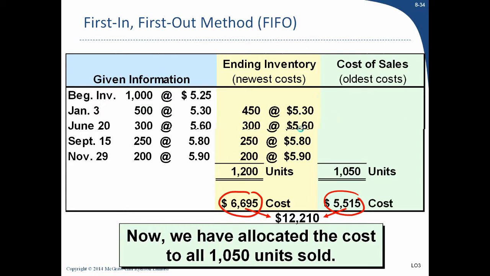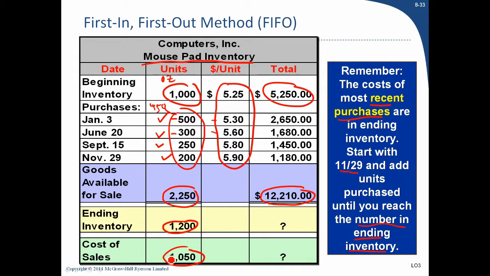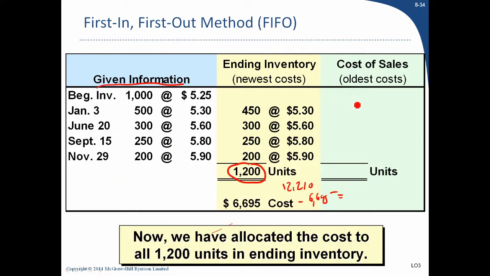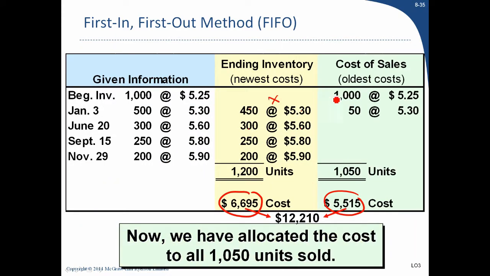So we know that we sold 1,050 units. Based on FIFO, we say the units that had been there longest were assumed to have exited inventory. So we sold the remaining 50 units at $5.30 from the January 3rd purchase, and then we sold all of our beginning units at $5.25. So if you take 1,000 at $5.25 plus 50 times $5.30, you'll get to $5,515 for 1,050 units.